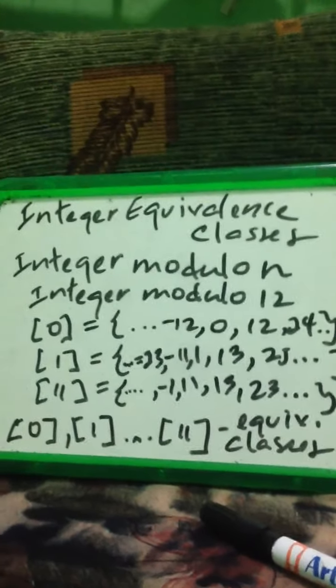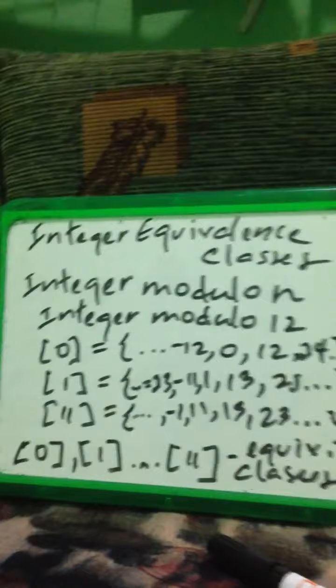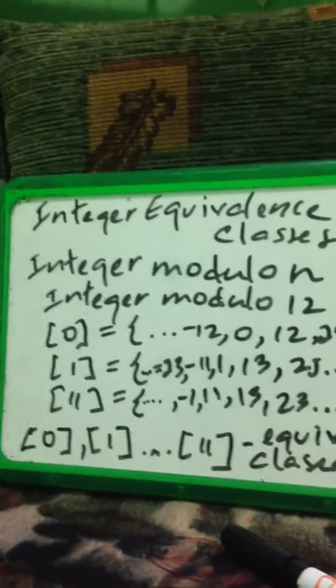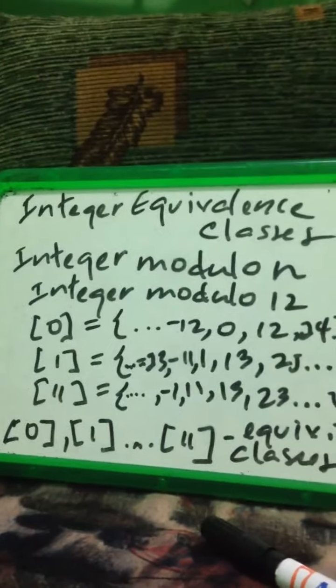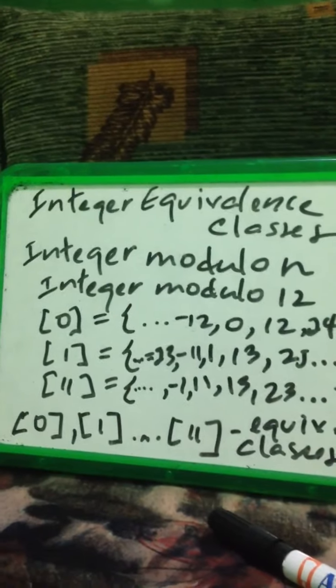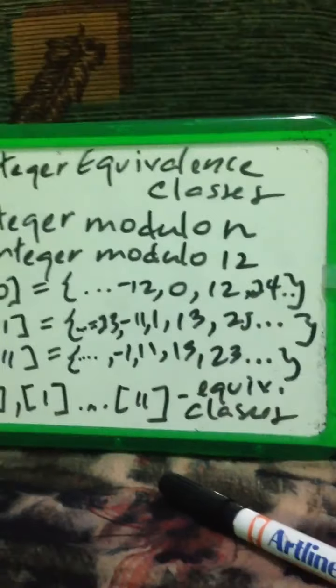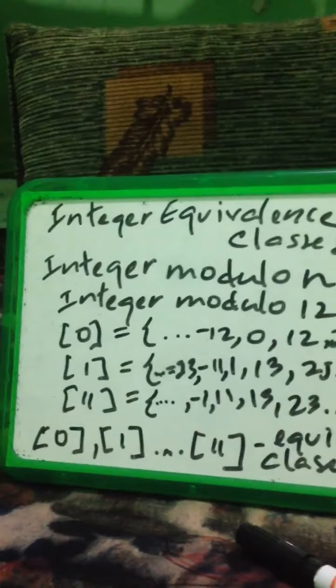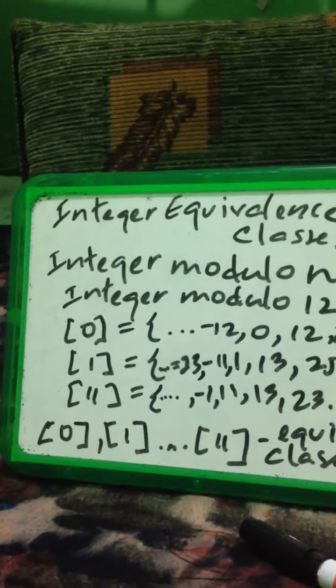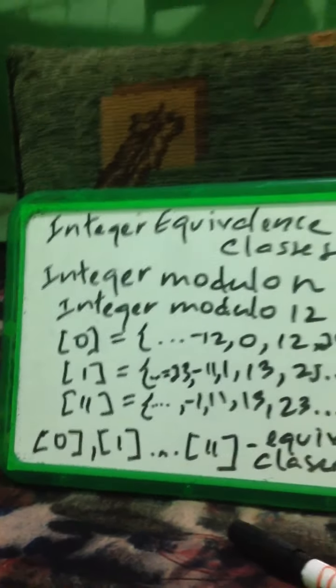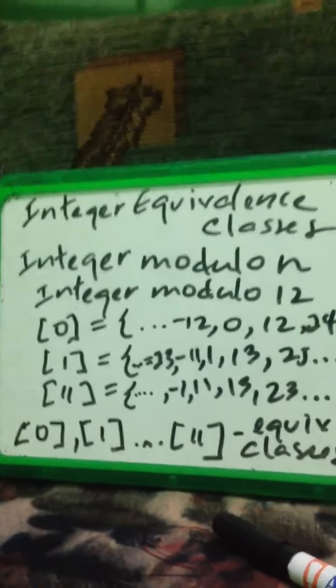It will extend infinitely to the right. To the left, you're going to subtract 12 from 1. That will give you negative 11, then negative 23, extended to the left.